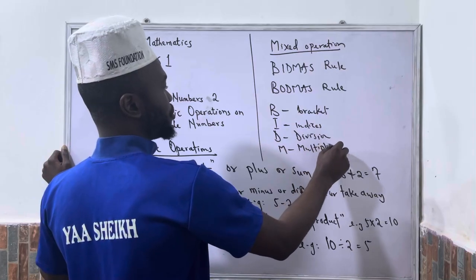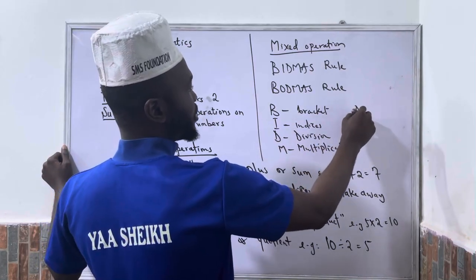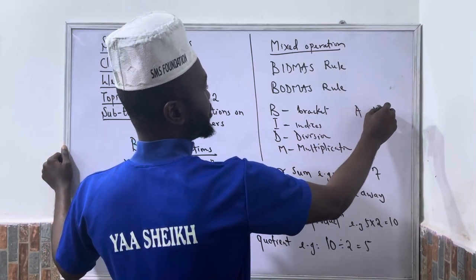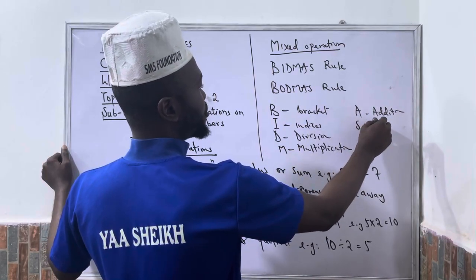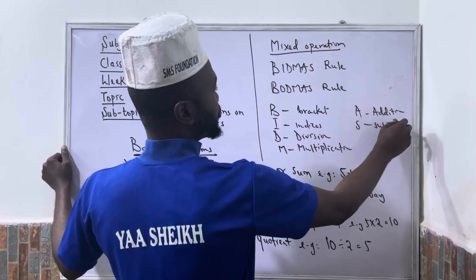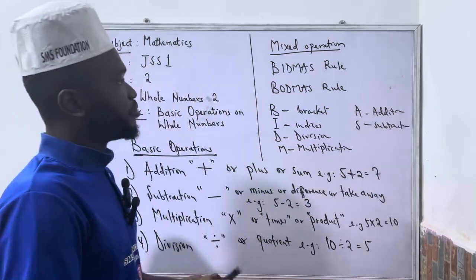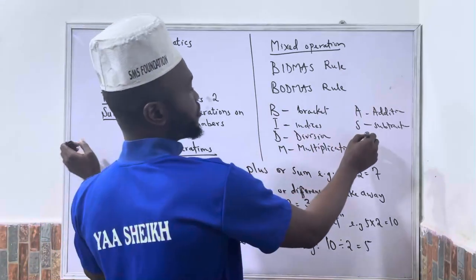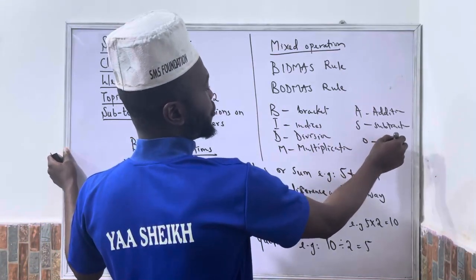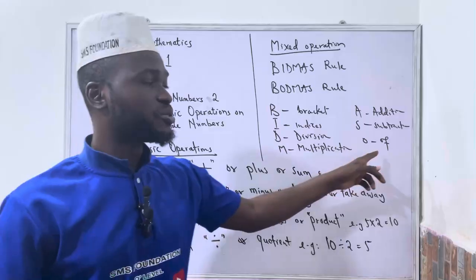Next is A, that's addition. Next is S, which is subtraction. The only difference between BEDMAS and BODMAS is this O. O in this one stands for of, which simply means multiplication.